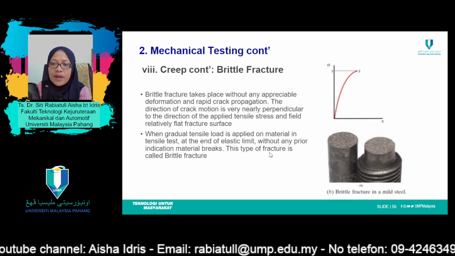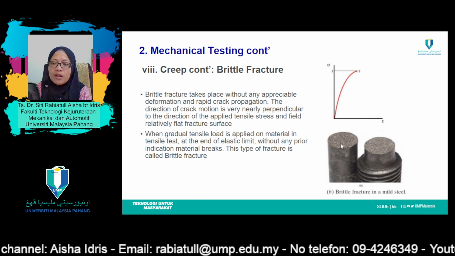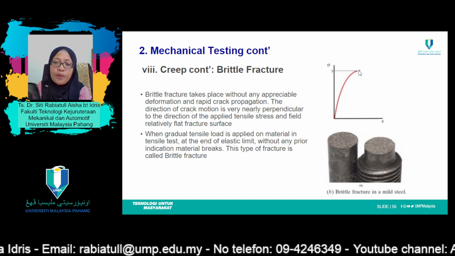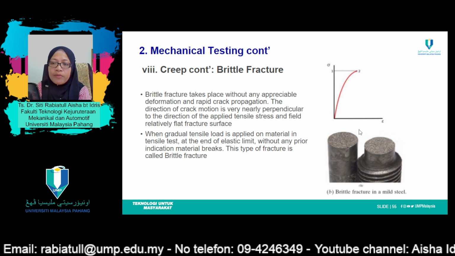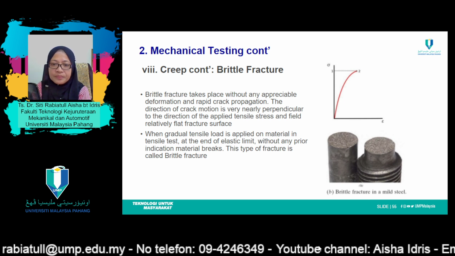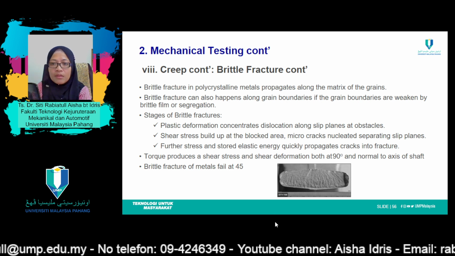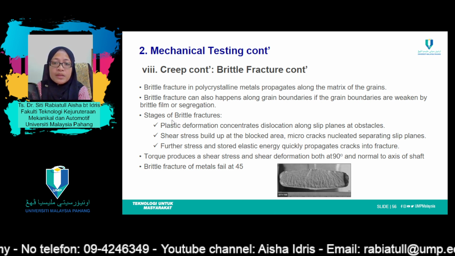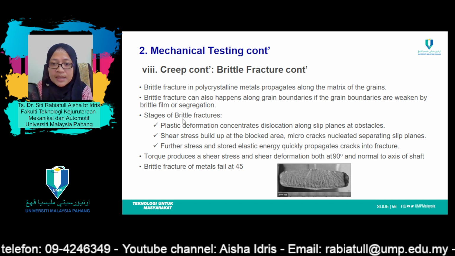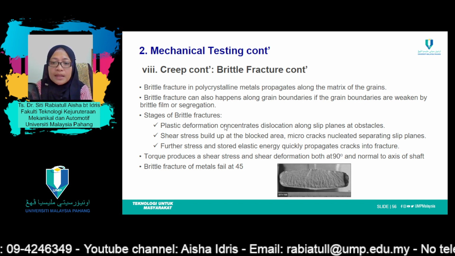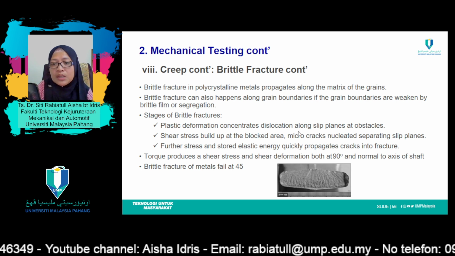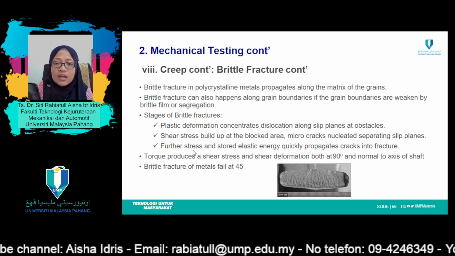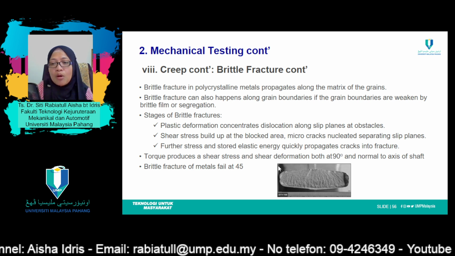Whereas for brittle fracture, you can see the surface is flat after fracture, after point 2, by referring to the stress strain graph. In brittle fractures, the stages include number 1, plastic deformation concentrates dislocations along slip planes at obstacles, and shear stress builds up at the blocked area.